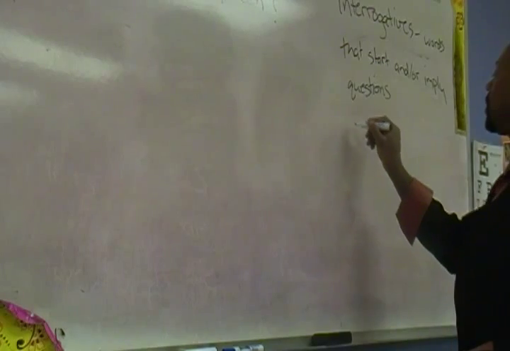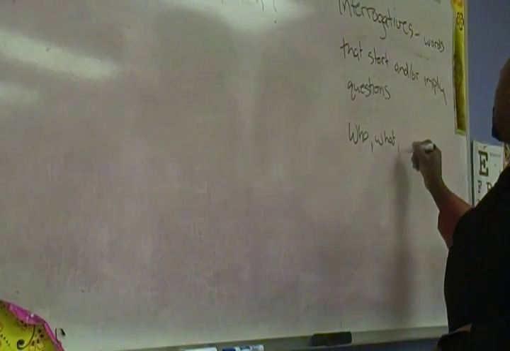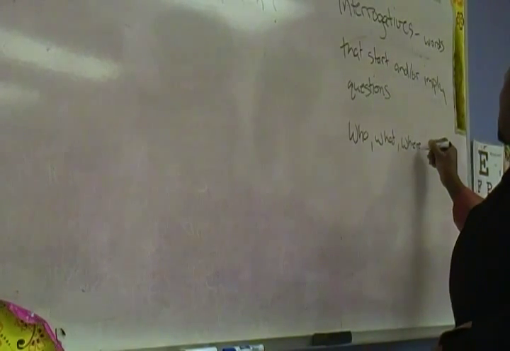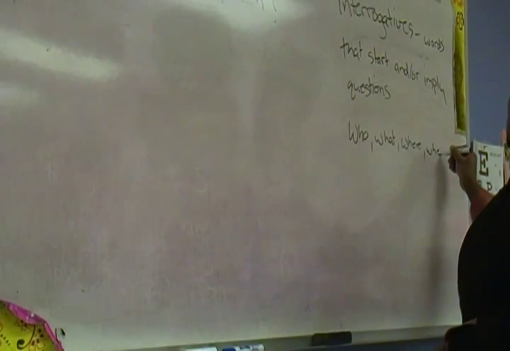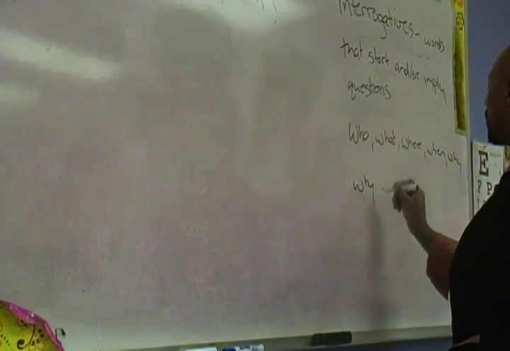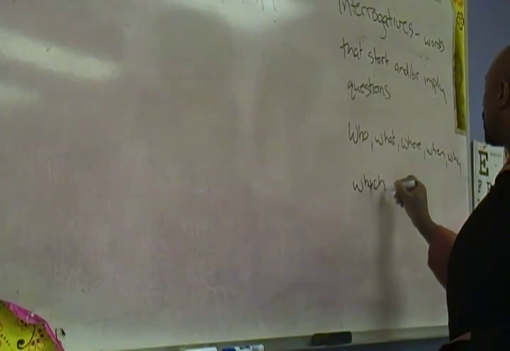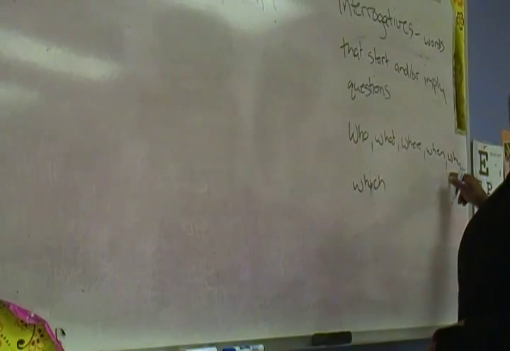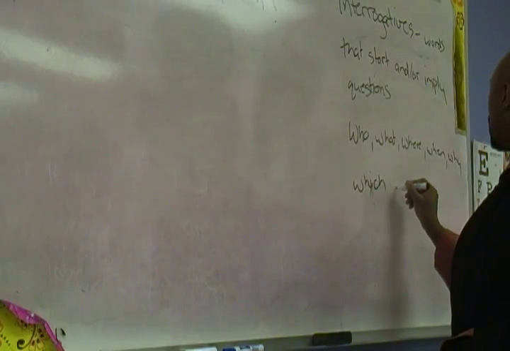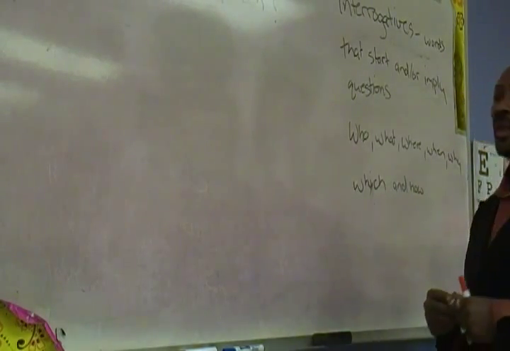So she said who, what, where, when, why, which. Who, we got that already. What, you got that. How. 1, 2, 3, 4, 5, and 6, how. So we have 7 interrogatives.